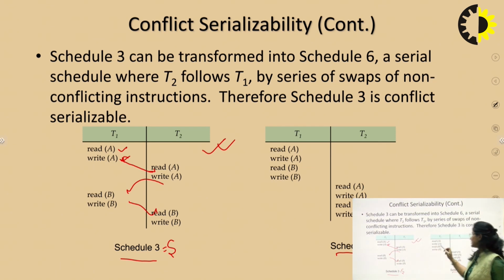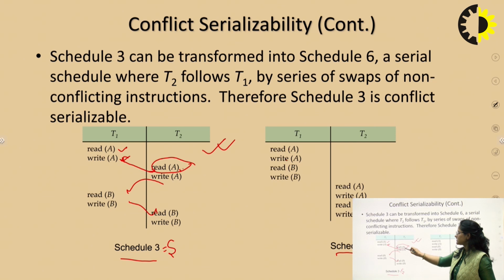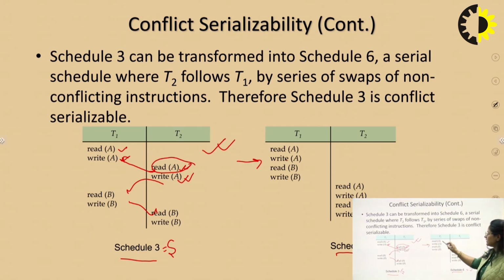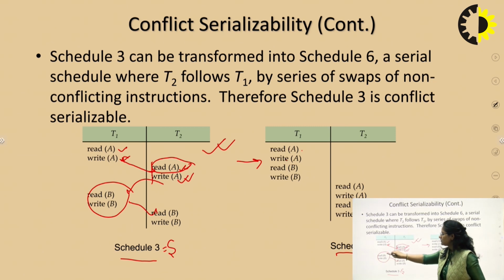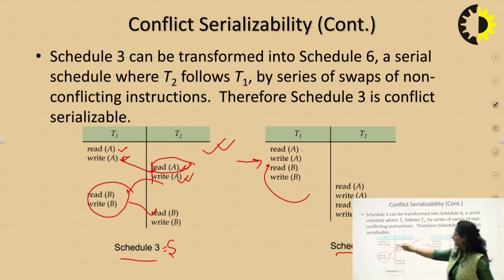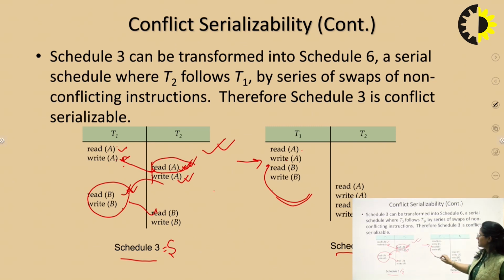We can see read A, write A. Because this is a read operation and this is a write operation on A, we can transform it into a serial schedule: read A, write A. Before doing this, because it is working on a different item, we can do it earlier. Here the read is happening on A, then the write on A, then T2 works on A here. If we want to make it serial, we can work on it before T2's A operations, because in a data conflict, if the data items are different, we can swap. That is why you wrote it above.